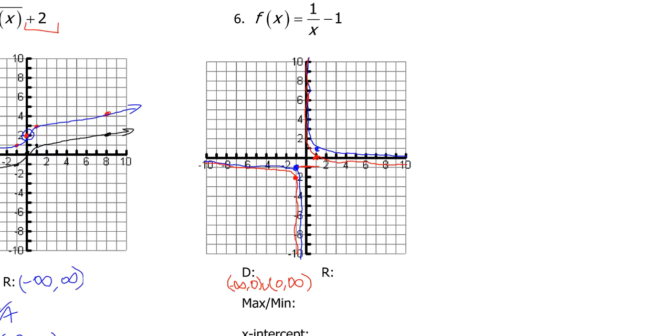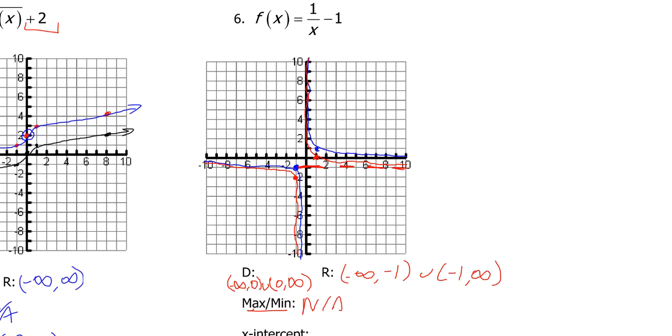So that's going to be negative infinity to -1, union -1 to infinity. Our maximum and minimum for this: there is no maximum and minimum, so non-applicable.